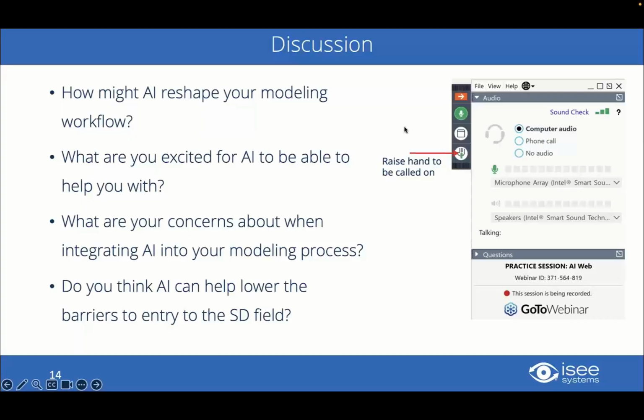Okay. Sarah, you might have to click on unmute as well. Uh-oh, it's not coming through. You're unmuted, but we are not hearing you.